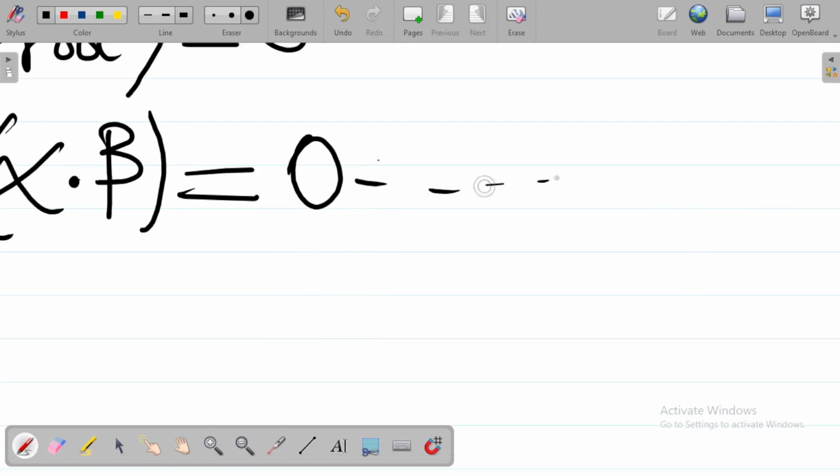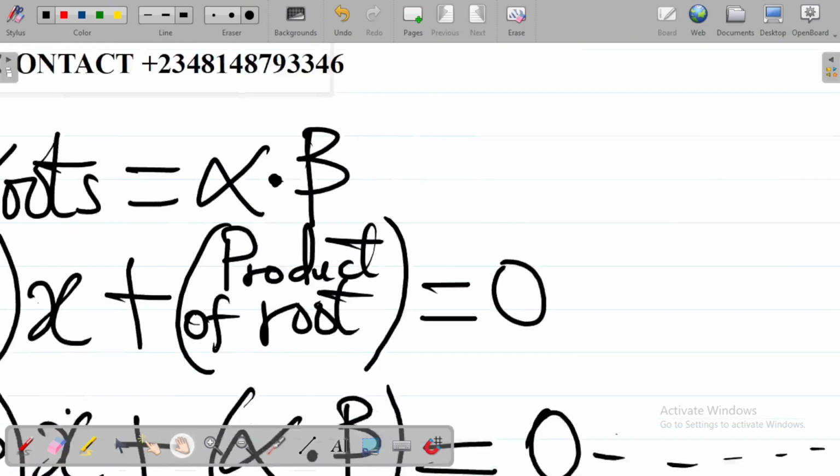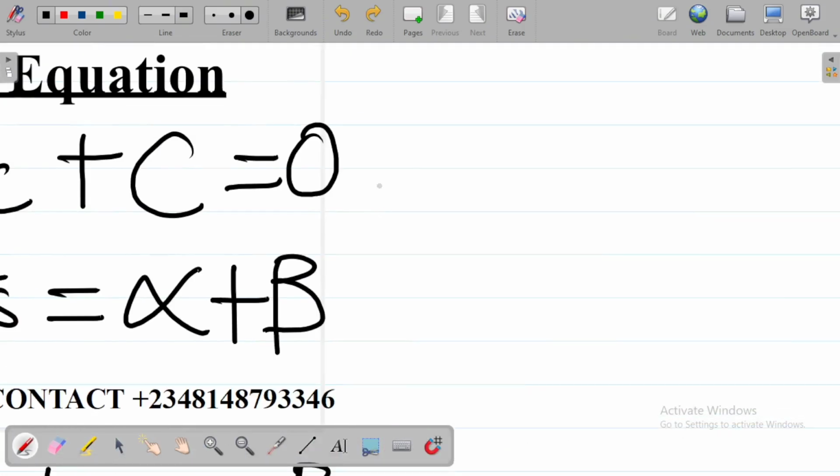So let's call this equation 2. And then for the standard form of a quadratic equation, let's call this equation 1.